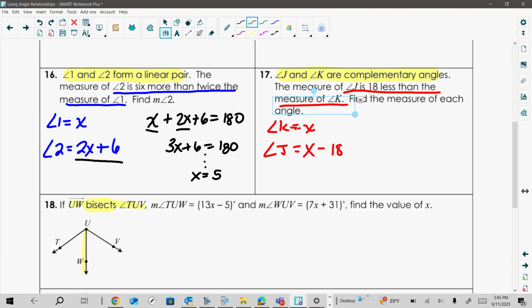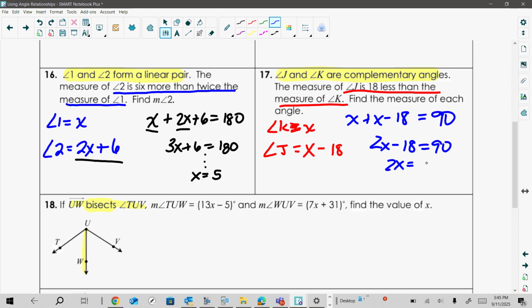They're complementary, so we're doing x plus x minus 18 equals 90. Same thing, combine your like terms, you get 2x minus 18 equals 90, and then solve for x. Really 2x is going to end up equaling 108. Divided by 2, x is 54.